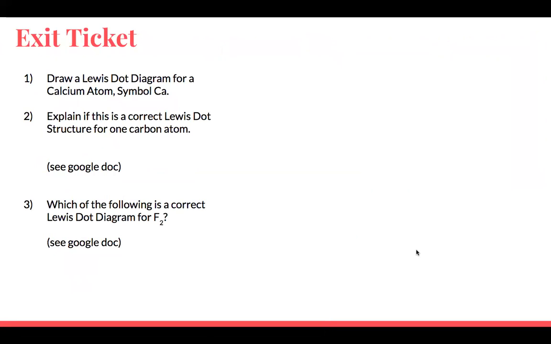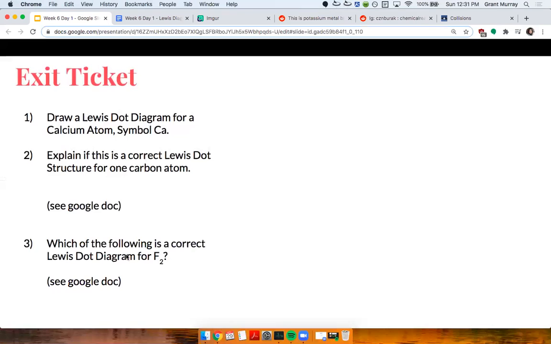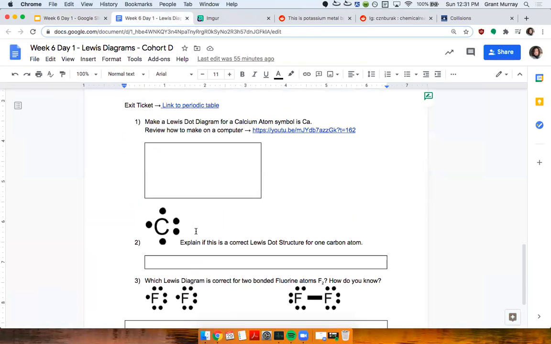Okay, so for your exit ticket, since you're not on Pear Deck right now, drawing is going to probably be on a piece of paper, or there's instructions on the Google Doc. So you've got some questions right here, which you're going to answer right here. This says make a Lewis diagram for a calcium atom.